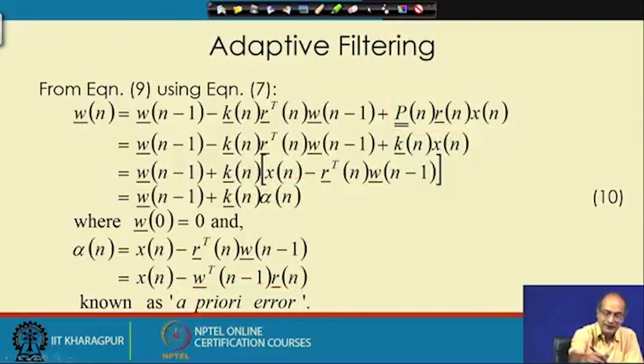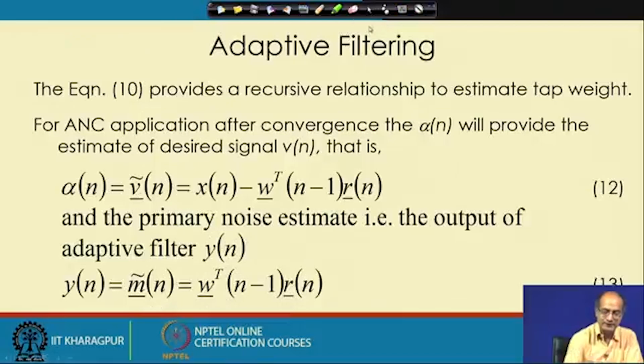And here it would be interesting to note that if the process converges, that means there is hardly any change from n minus 1 to n for the tap weight, then this a priori error would be same as the error En. Okay. So in case of convergence, that is what we would get.